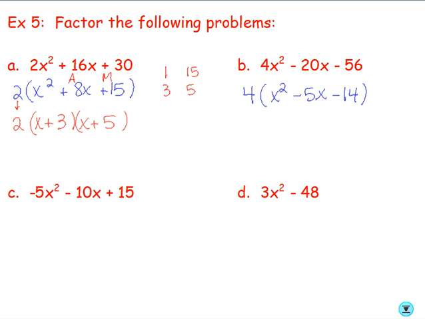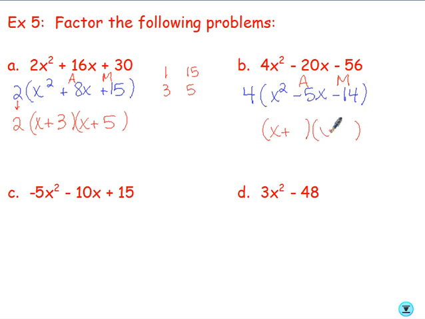We are looking for two numbers that multiply to give us negative 14 and add to give us negative 5. Since m is negative, we have one positive, one negative, and the bigger one is negative.